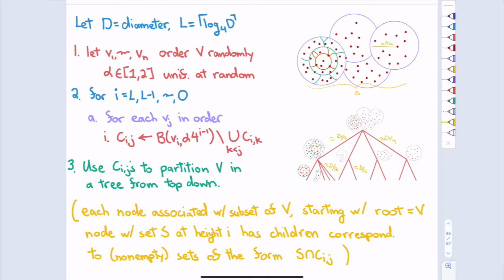Yeah, and maybe it's worth pointing out, I think the main difference between Bartal's paper, which got the log n factor, and the FRT paper, which got the log n factor, is that in Bartal's paper, for every level, so i equals L minus 1, L minus 2, L minus 3, it does a new random permutation.